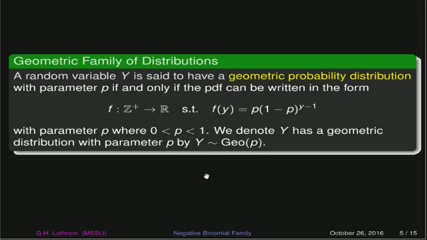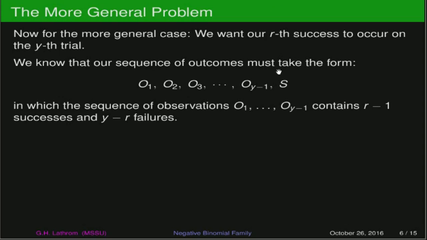So now let's come back to our more general problem where we had not one success, but we wanted r successes. Let's see if we can tackle that problem. We want our rth success to occur on the yth trial. Looking at the sequence of outcomes, observation 1, observation 2, observation 3, all the way out to observation y - 1, our rth success comes on the last trial.